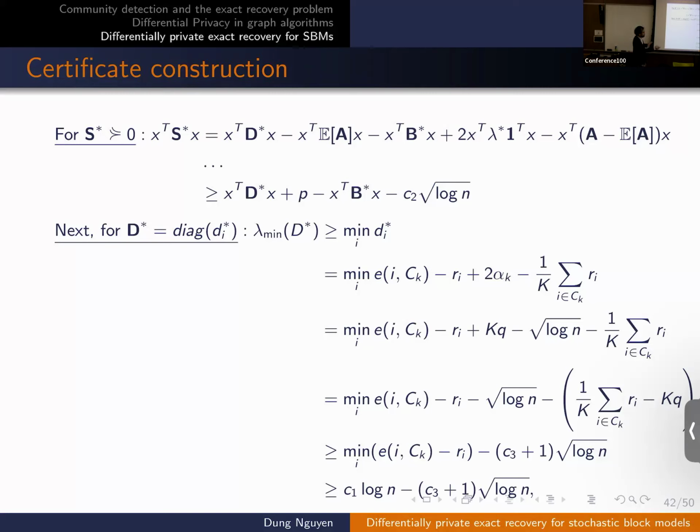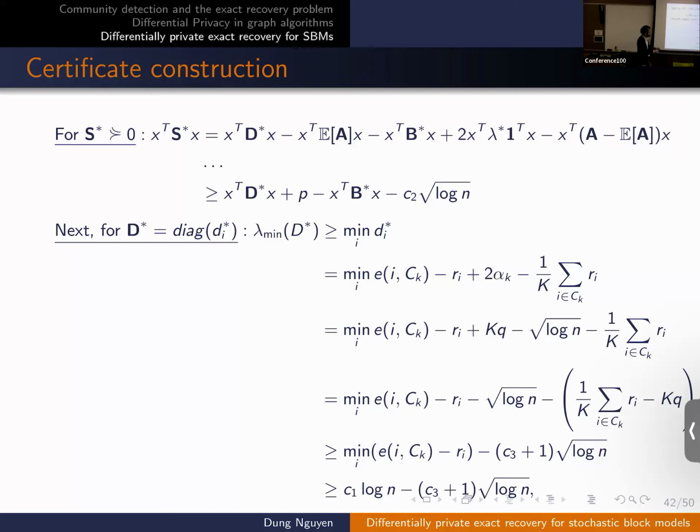And by using some math, we get it into this part, which is the form of the third condition in the concentration. And again, for this part here, we apply the first condition of the concentration. So we have that the minimum eigenvalue of D star is at least this quantity, and therefore the quadratic form of D star takes this as the lower bound.